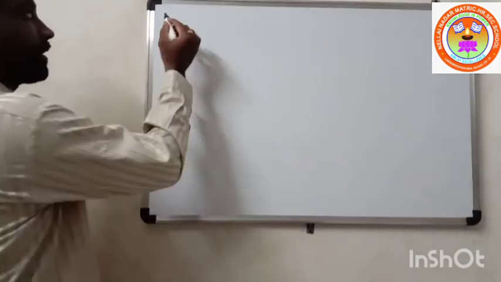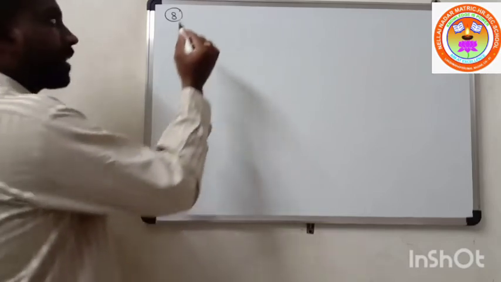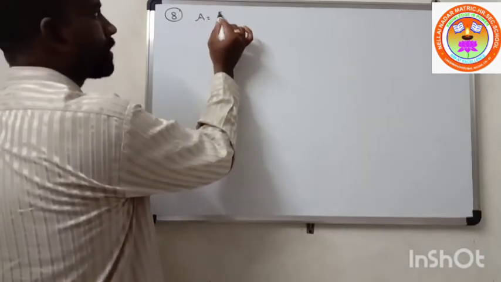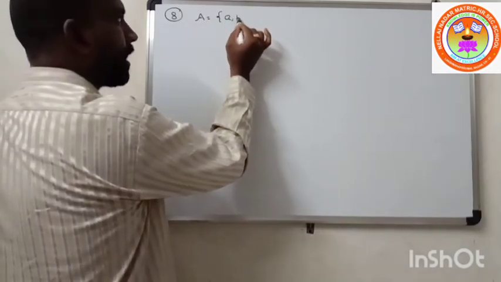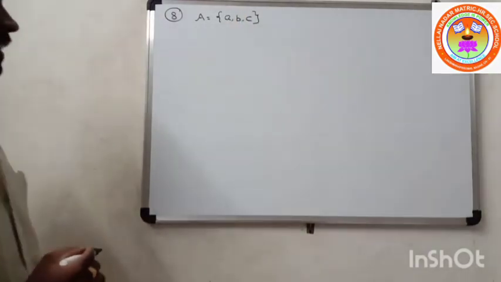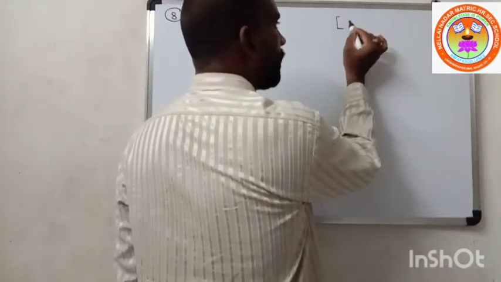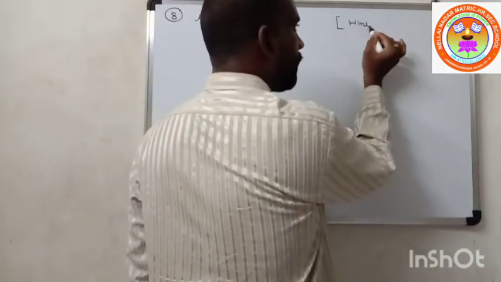Now I am going to the 8th one. A equal to the set A comma B comma C. Find the smallest and largest cardinality. Before that I give a hint.